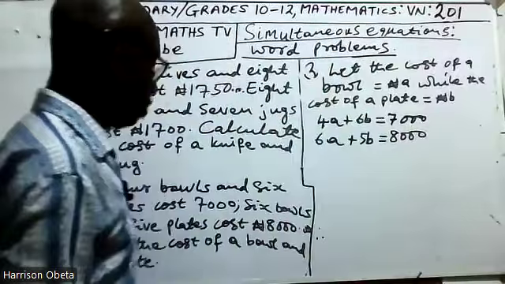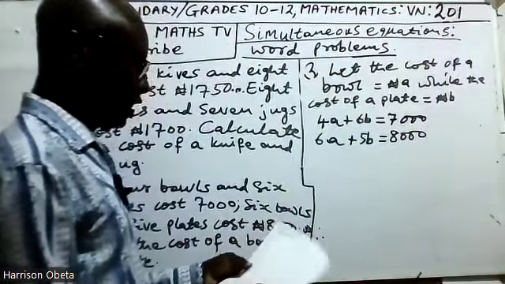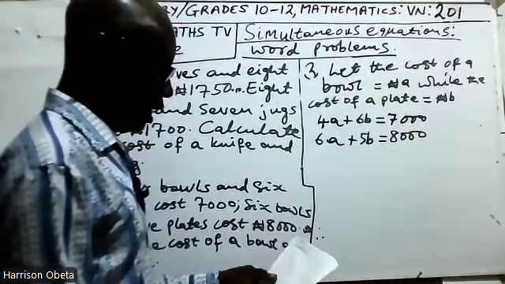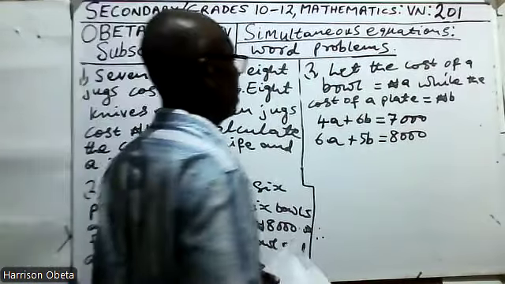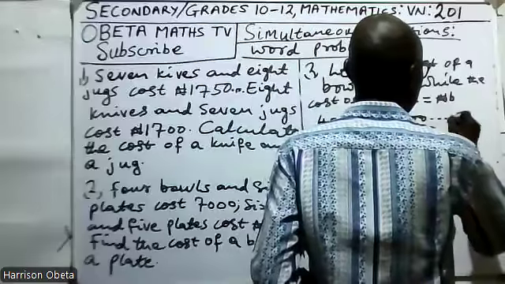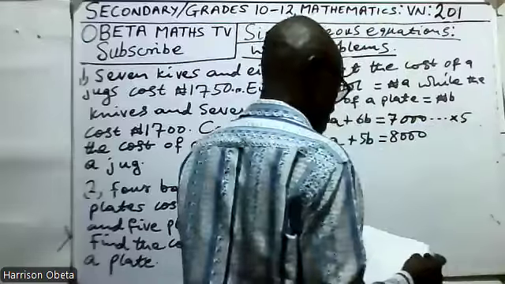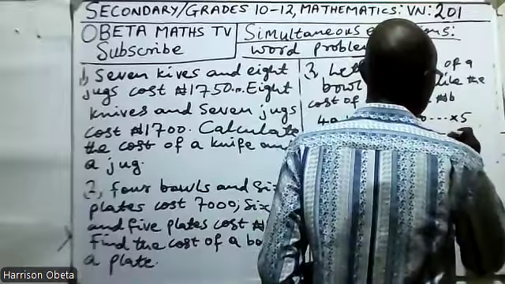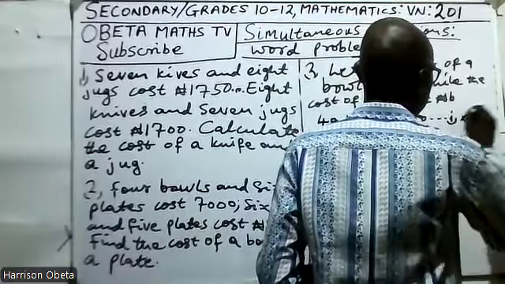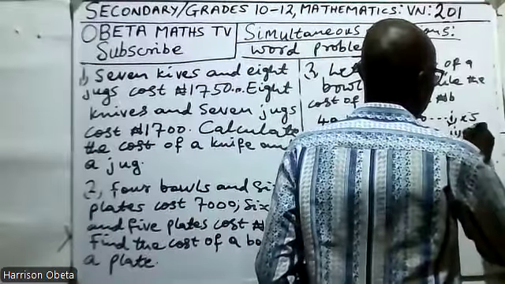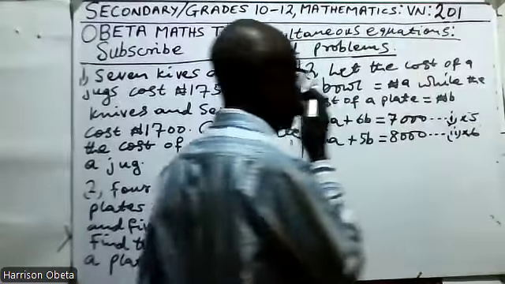Again, we can use elimination or substitution. For this one, I use elimination. So this one, I multiply by 5, while equation 2 I multiply by 6.